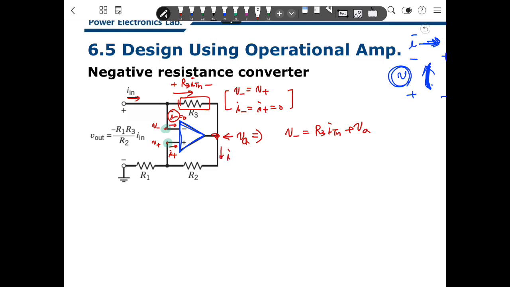We define the current as I_A, and we define this as V positive, so I_A is (V_A minus V positive) over R2.